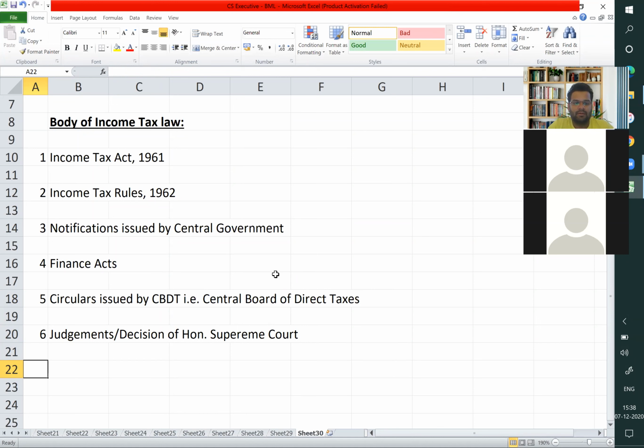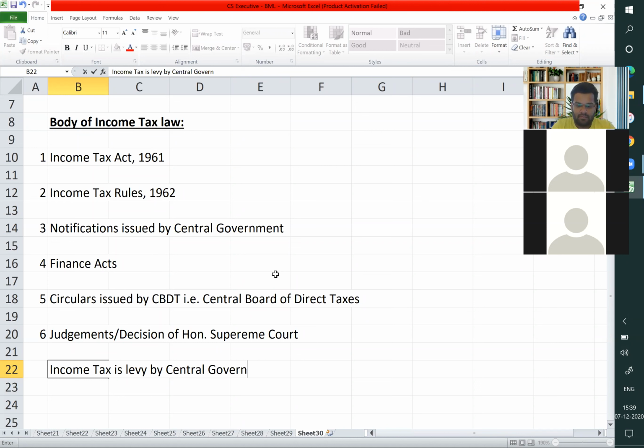Getting it? One more thing I want to tell you, income tax is levied by the central government. Did you get all the things till now?